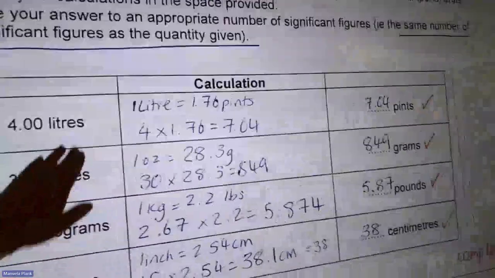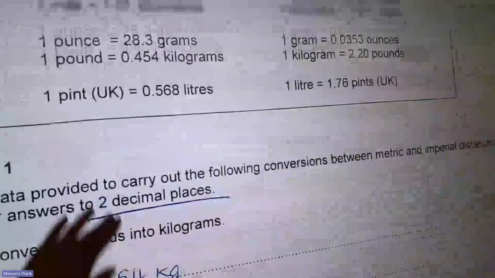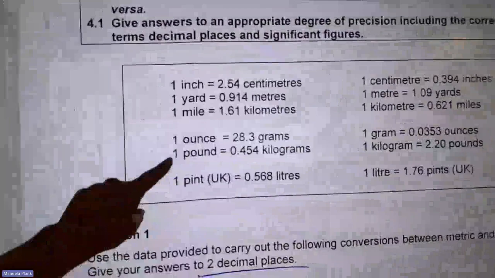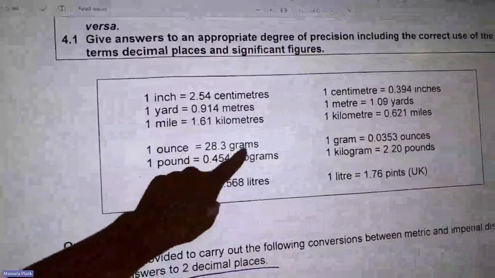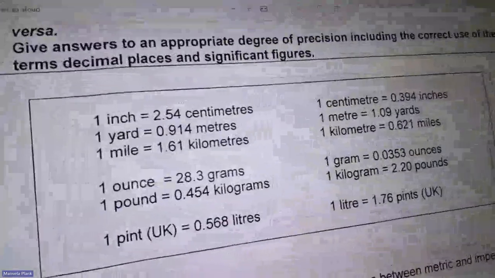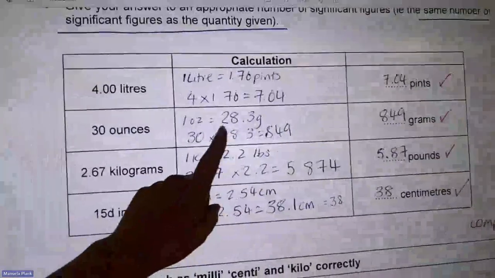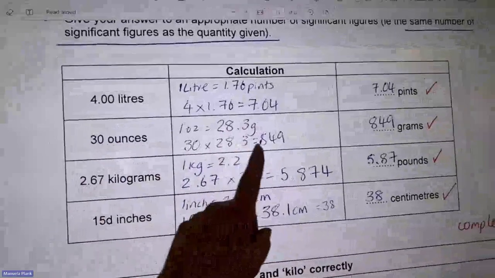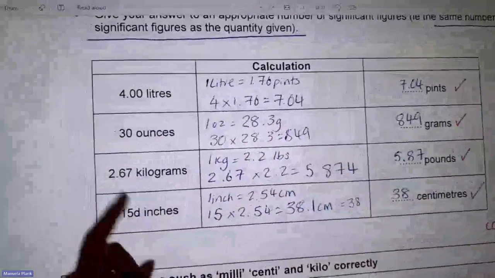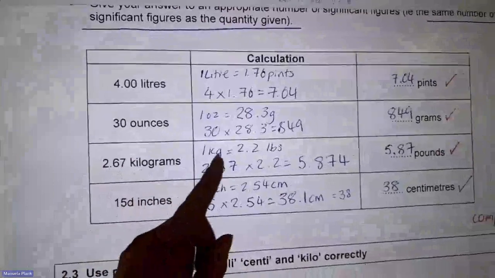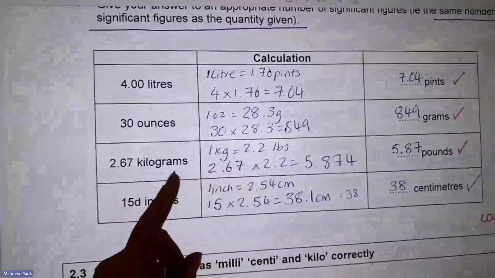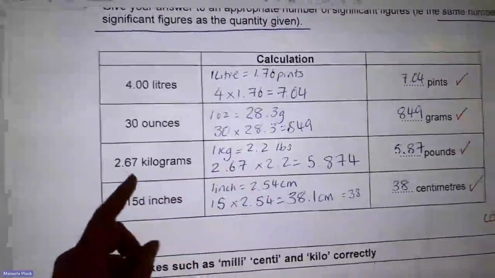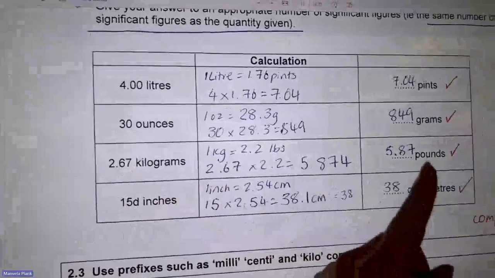In order to check where this is, you have to go back to the ounce section, and then you see how much grams. So it's 28 grams, and you can see it's 28 grams. So times 30 is then the number that you need. The same as this one here, you look up 1 kilogram, then times 2.67. Then you write it in here.